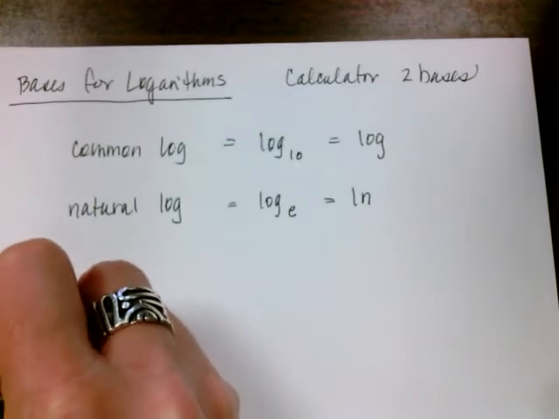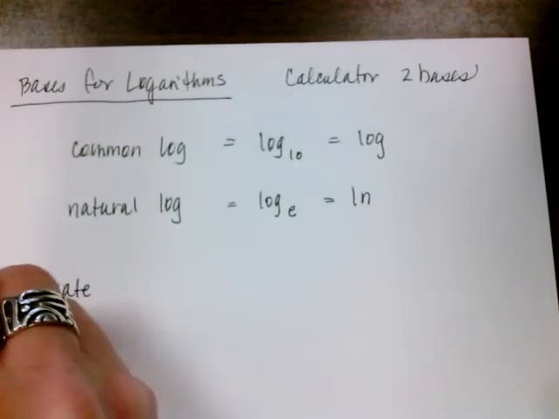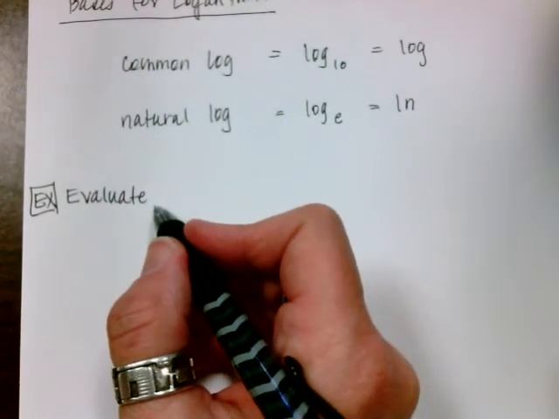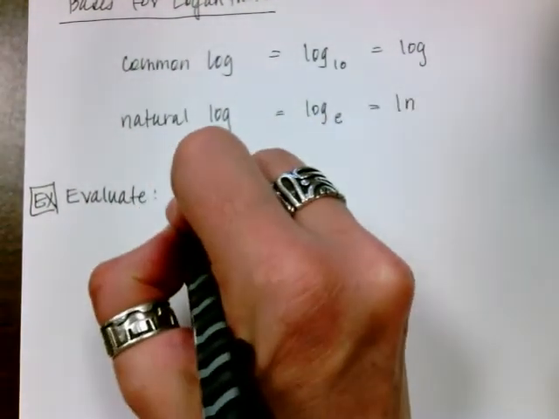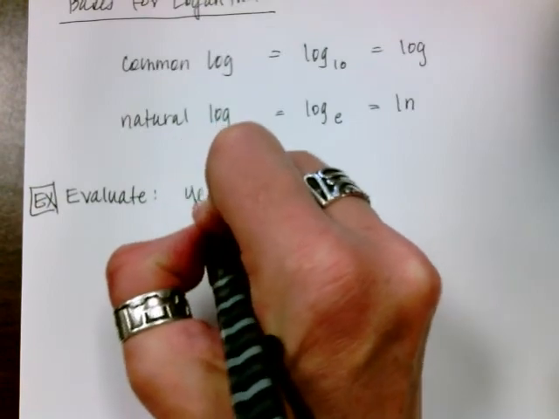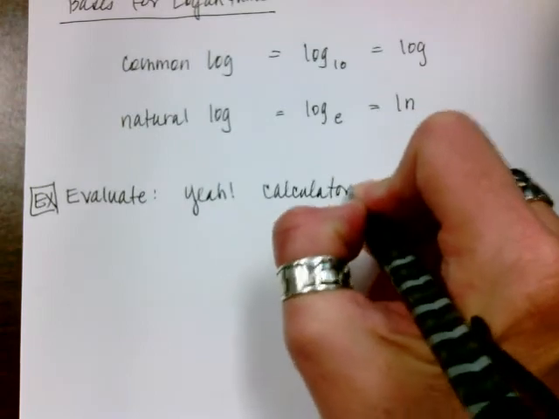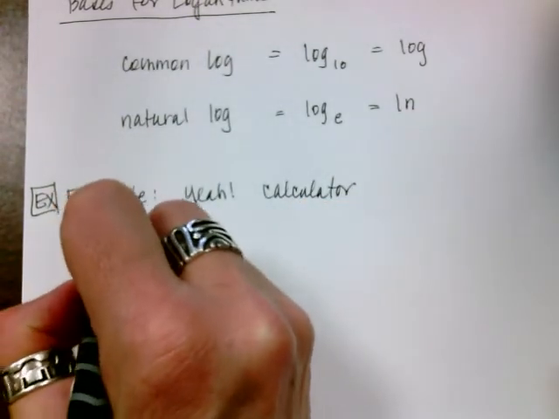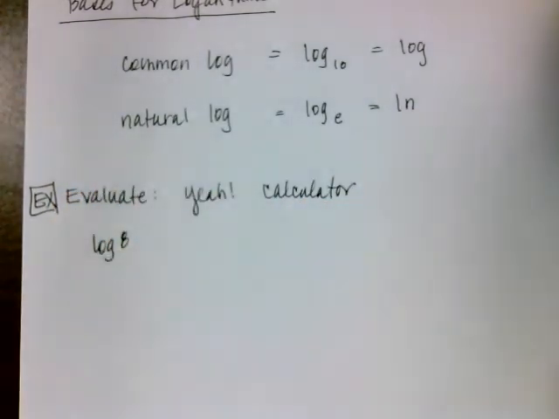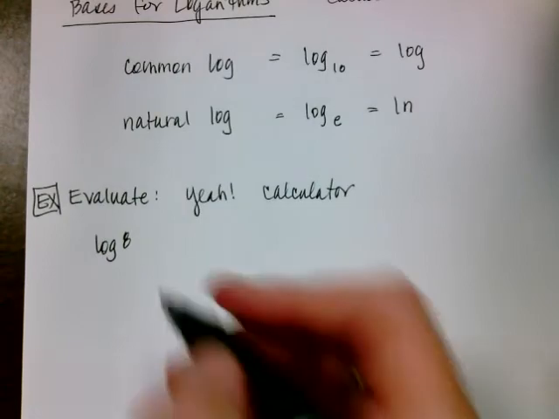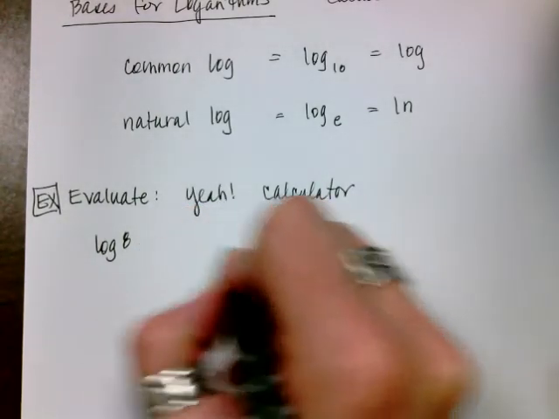So here's our next example, and it's going to say evaluate. Notice that it doesn't say without your calculator, which means we get to use our calculator. The first one is going to be the log of 8. Let me show you what would happen if we had tried to go back to exponent form.